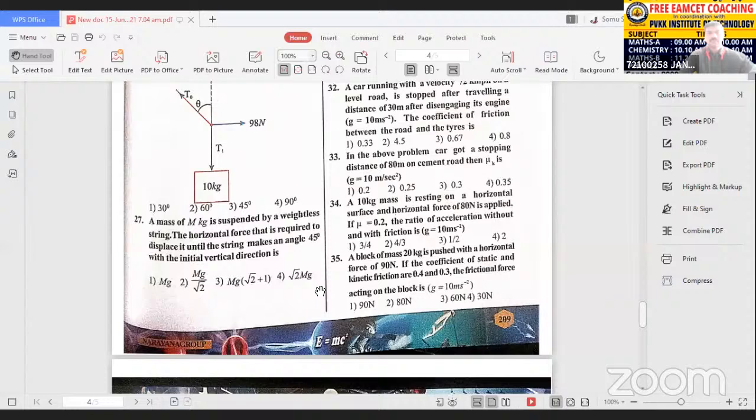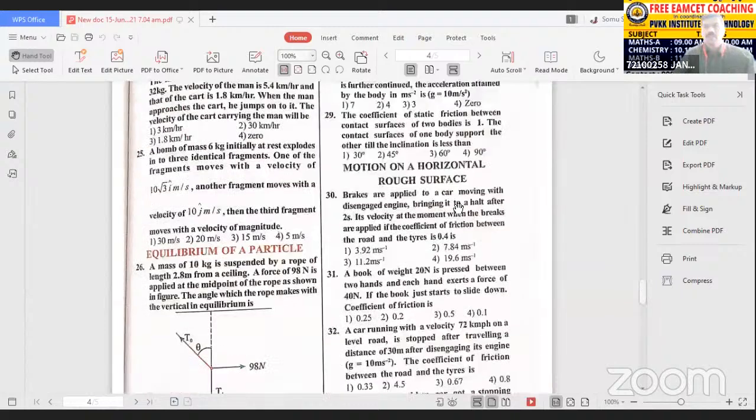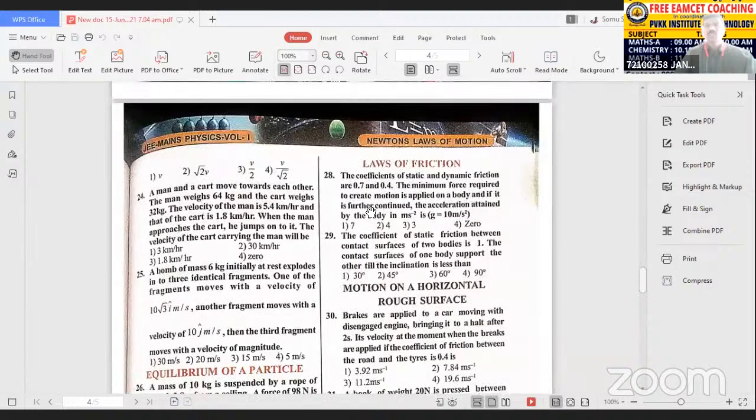Next problem, friction. Problem number 28. The coefficients of static and dynamic friction are 0.7 and 0.4. The minimum force required to create motion is applied on the body, and if it is further continued, the acceleration attained by the body in meters per second squared is? The g value is given.